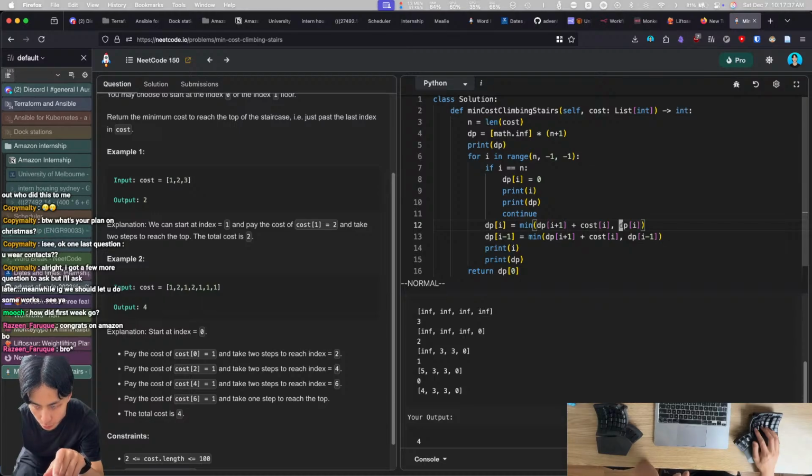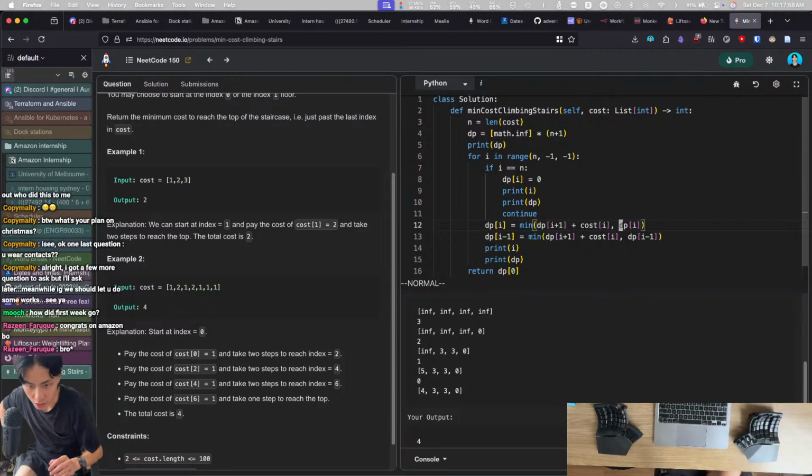So if we start from 2, you know there's a 3 cost. 0 plus 3 is 3. Or it's whatever exists there, infinity. So in this case, it's going to equal 3.